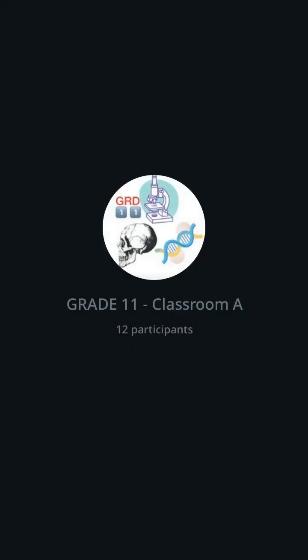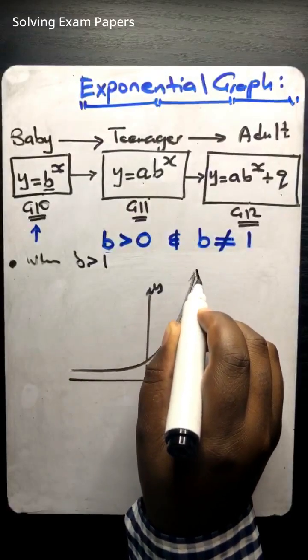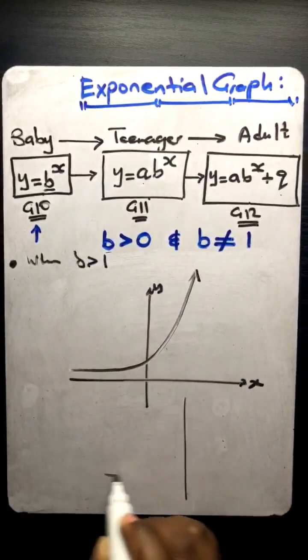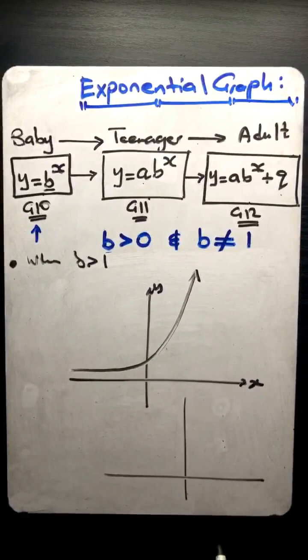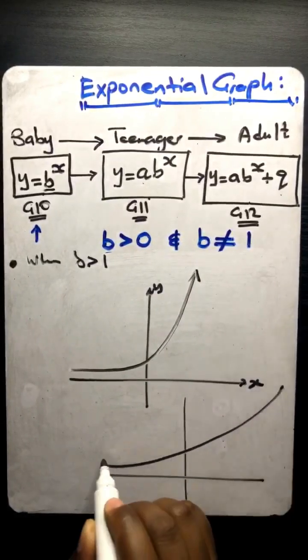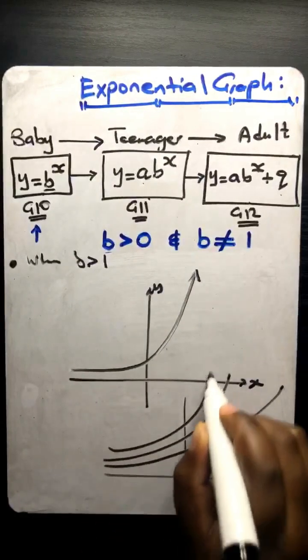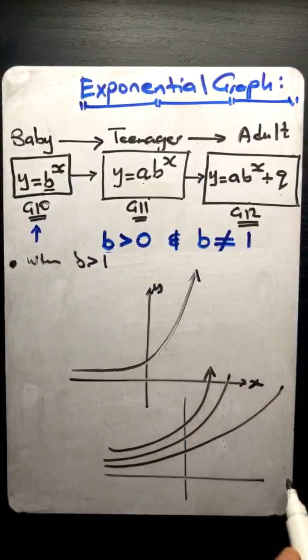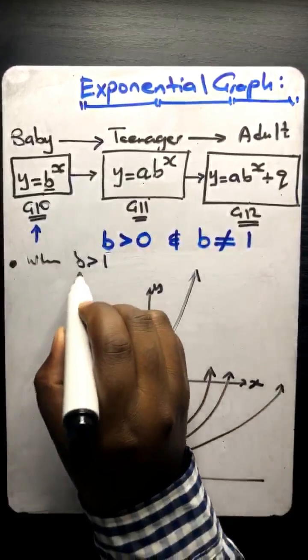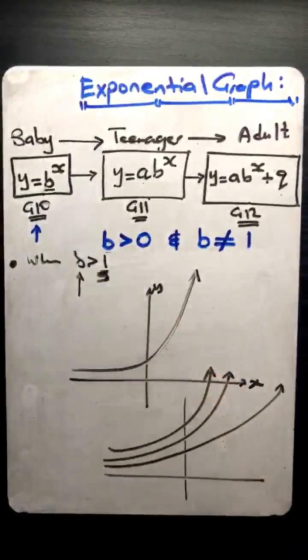The y value is increasing. So all the functions increasing in that direction are the functions having a B value which is greater than 1.